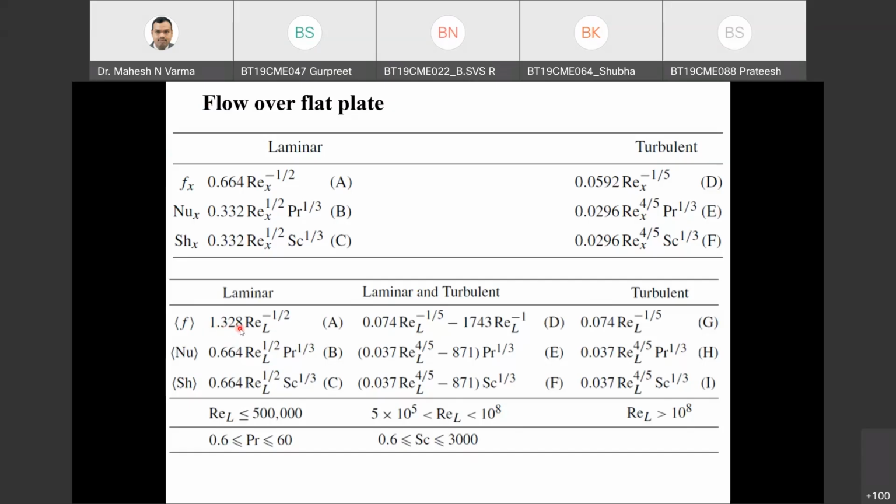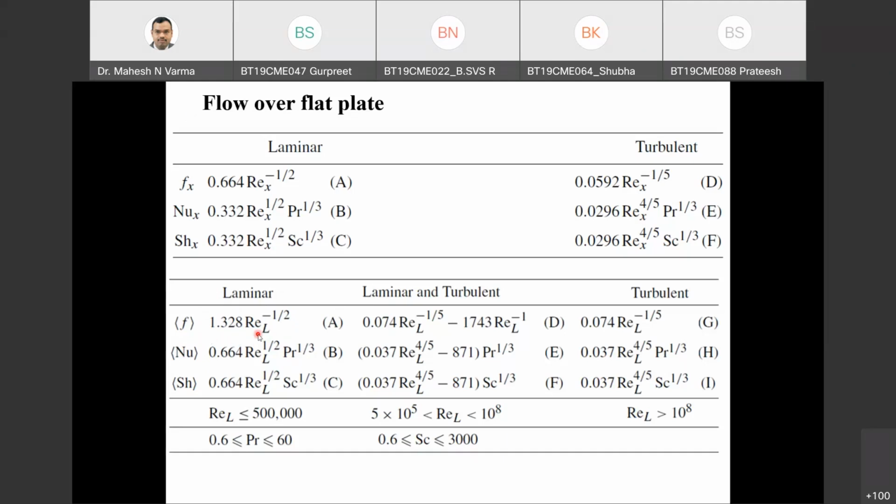You may get something else. Say REL raised to, instead of half, 3 by 2, and some different constant. Say A and B can be different for your case, but every time the nature of the equation will be similar in engineering correlation.